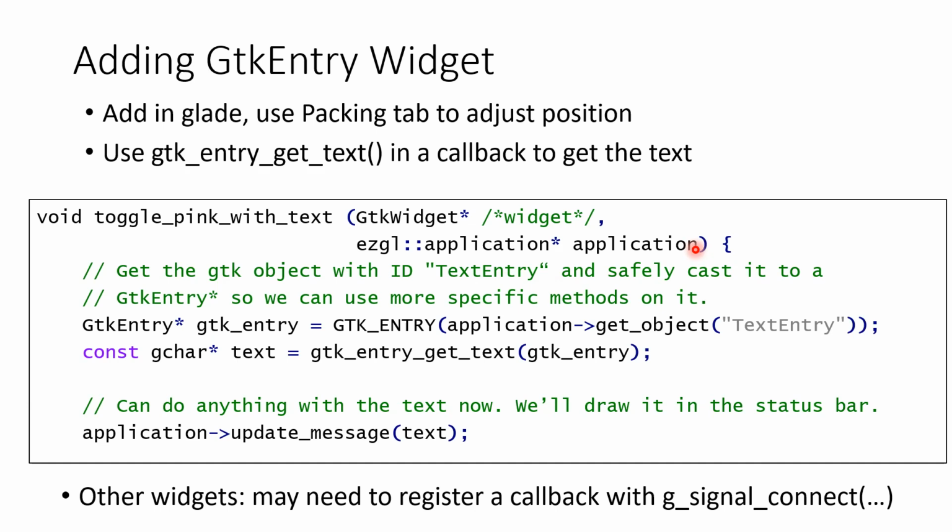So what I just showed is, in Glade, using the packing tab to adjust the position of all of the widgets. You can use the Gtk text entry to get text, and a callback function to get the text. And this is the same as the code that I just showed you. For other widgets, you may also need to register callback functions with anything that connects to the widget signal.